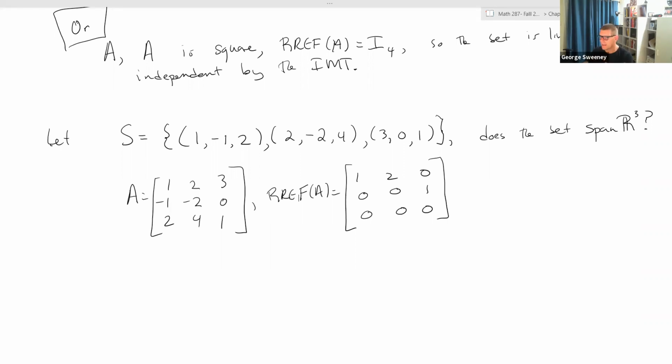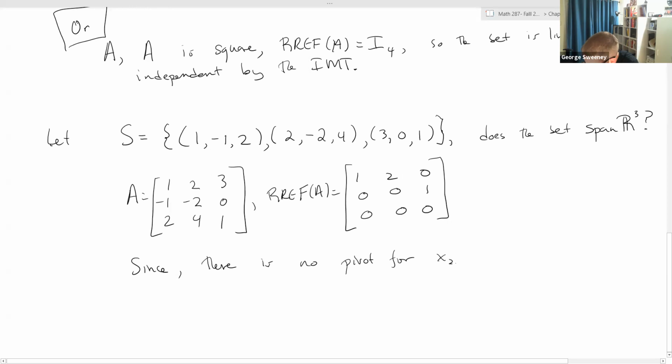So one way to write this is to say, since there is no pivot for X2, or C2, whichever one you call it, you don't have to say both, this means that the second vector forms a linearly dependent set.